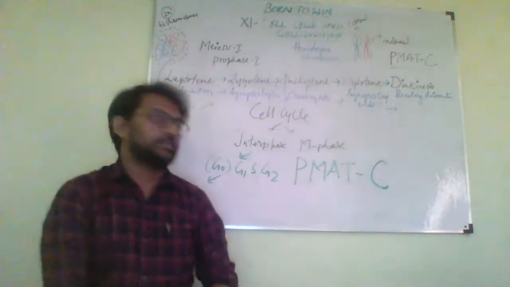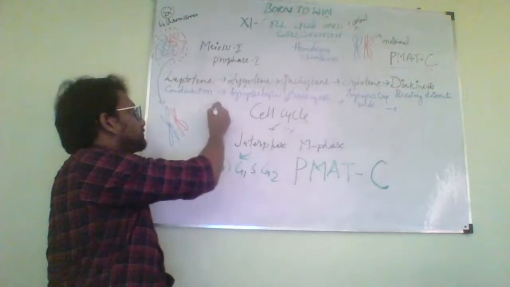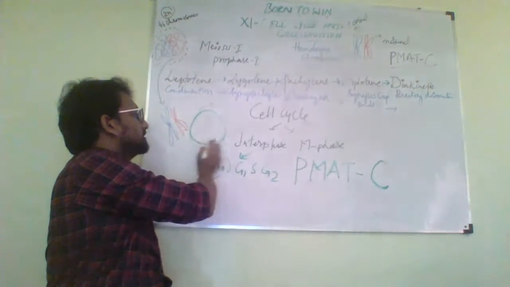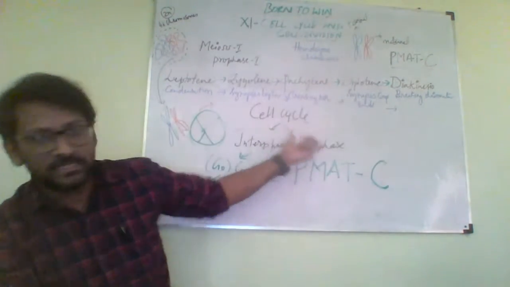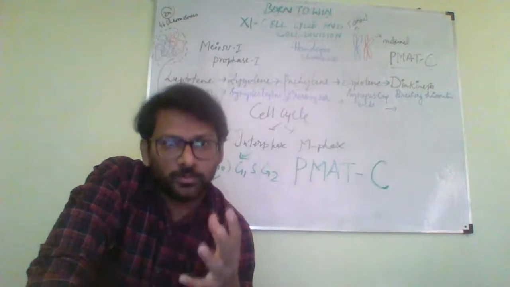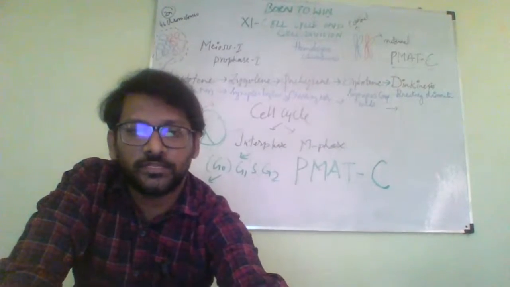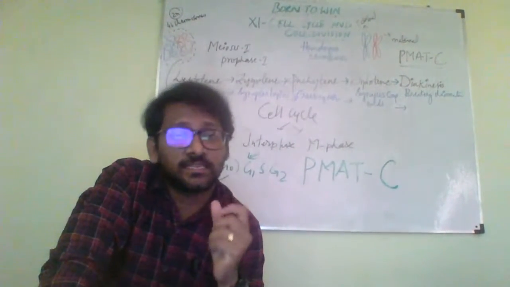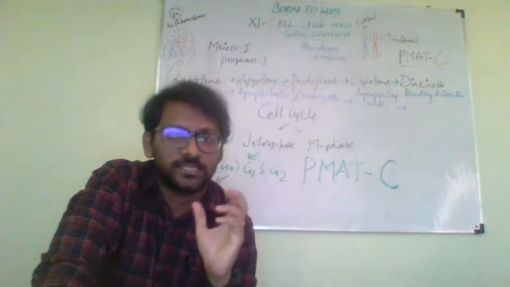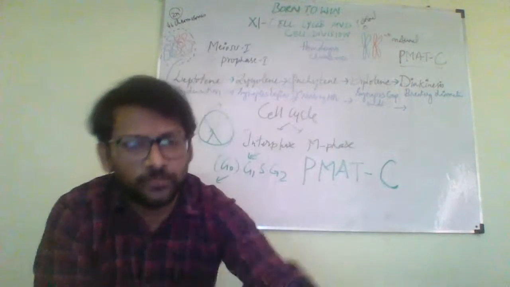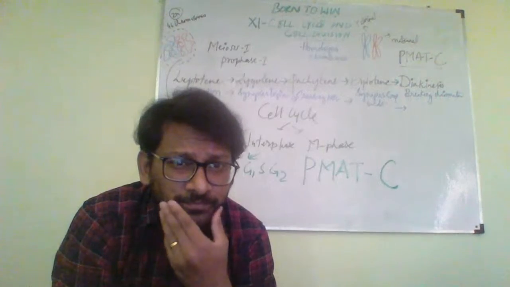So let's see, this cell cycle has certain events that occur in it. When the cell cycle is not proper, and with cell cycle regulators, for example certain proteins, cyclin-dependent kinases and cyclins, which control the cell cycle, my question is why does the cell cycle have to be controlled?